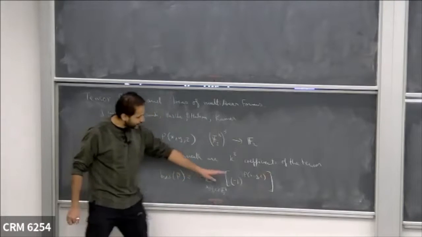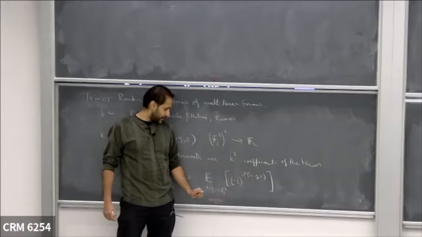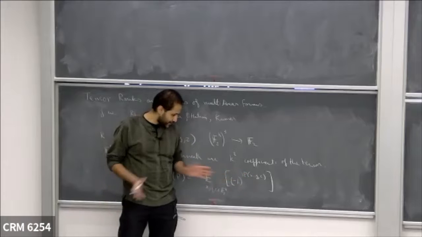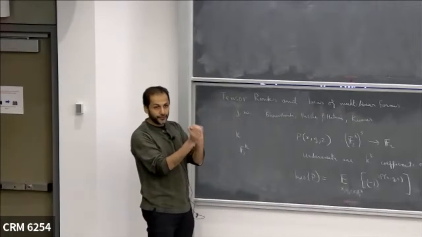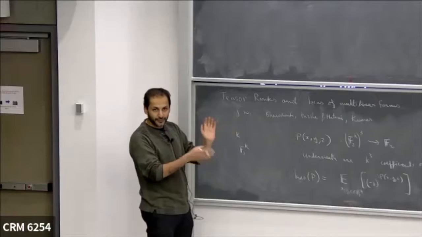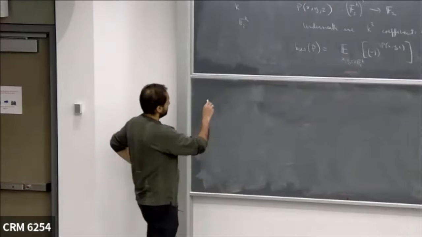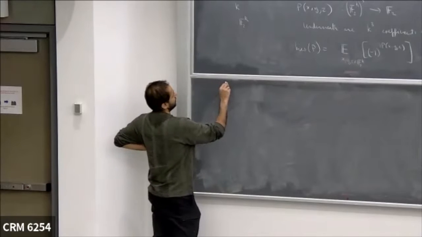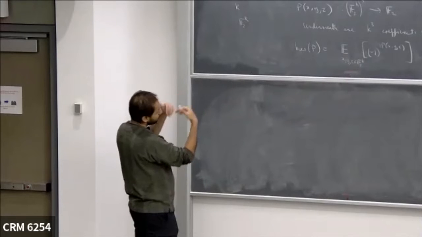So whenever the value is 0, this is 1. Whenever the value is 1, this thing is -1. So it measures the imbalance between the 2. Small bias means the output is close to 50-50 balance. Large bias means it's imbalanced. And so this quantity, we want to know how it looks for a typical P.